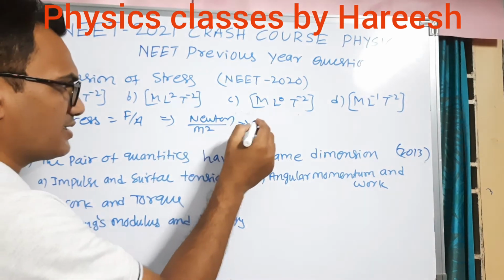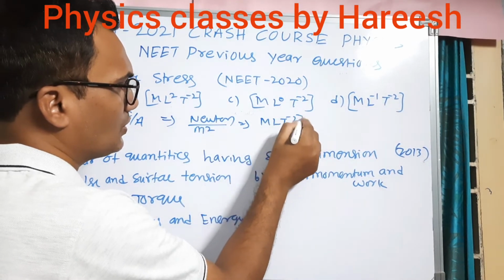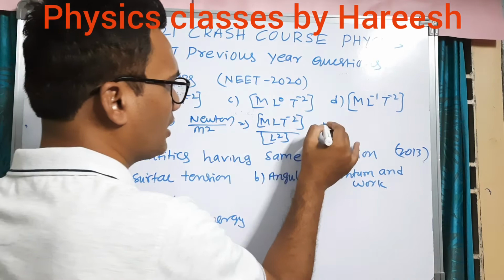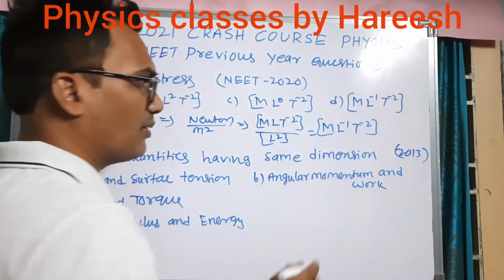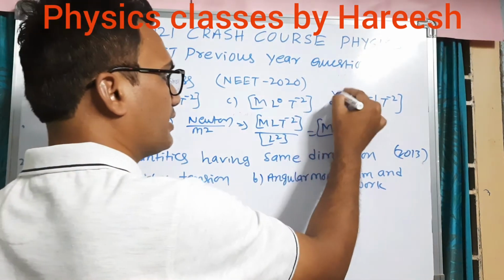So the dimension of Newton is M L T minus 2, divided by area, L square. Then it will be M L minus 1 T minus 2, the dimensional formula of stress. So the correct option is D.